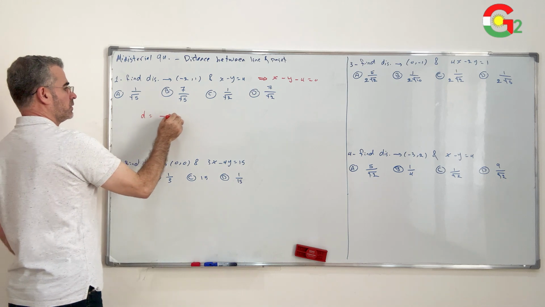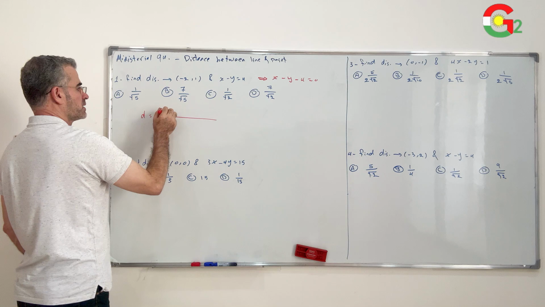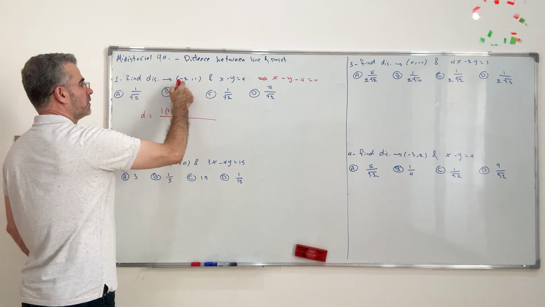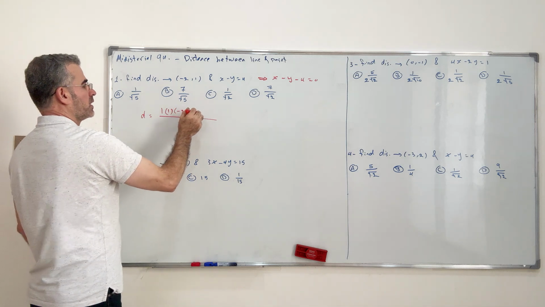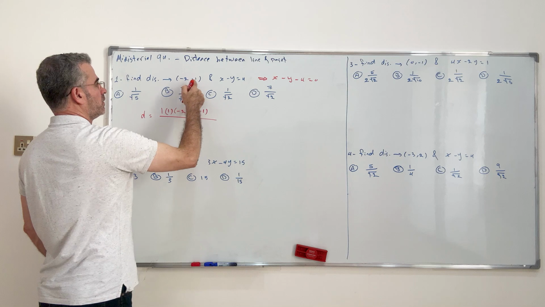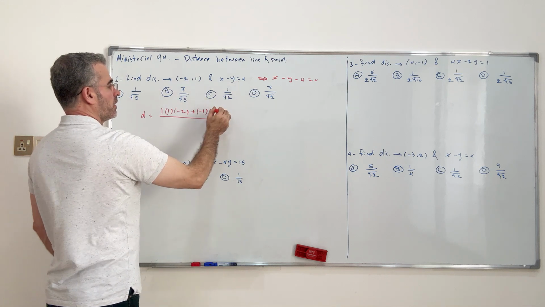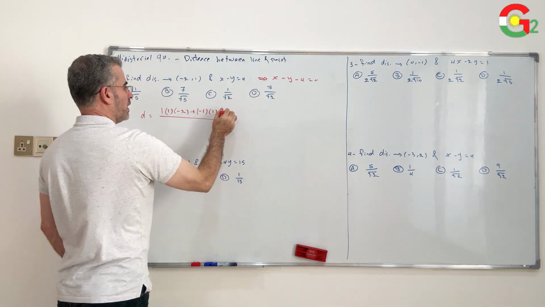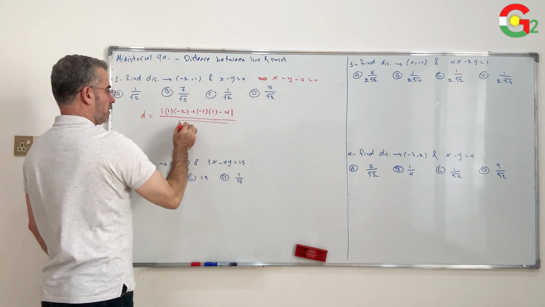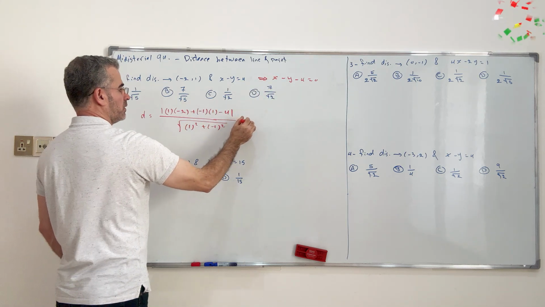Then the distance equals the absolute value of a, the coefficient of x, 1, times x1, the x coordinate of the point, plus b, negative 1, the coefficient of y, times y1, the y coordinate of the point, plus c, negative 4, over the square root of a squared, 1 squared, plus b squared, negative 1 squared.